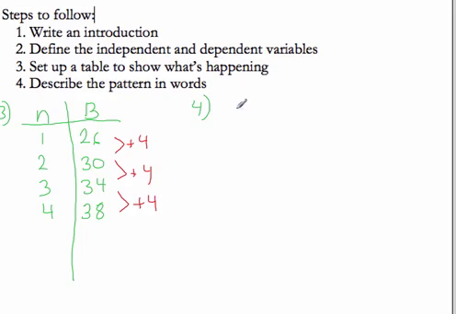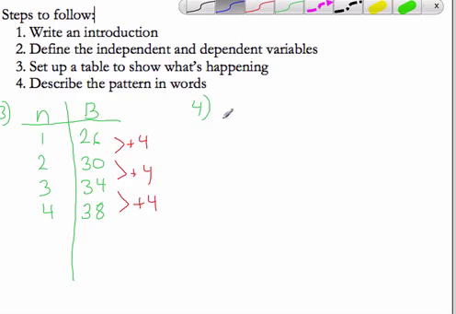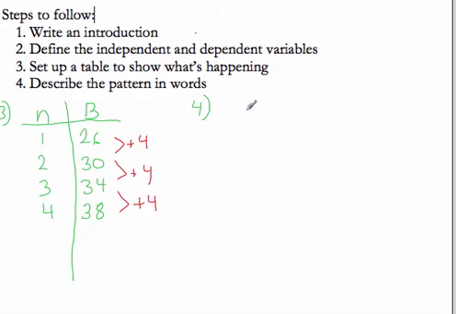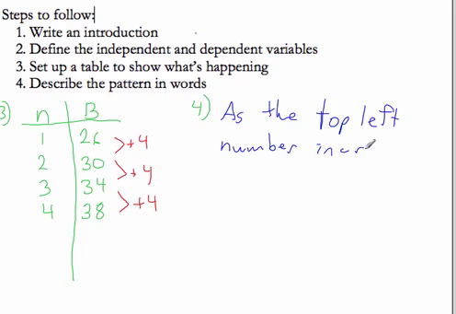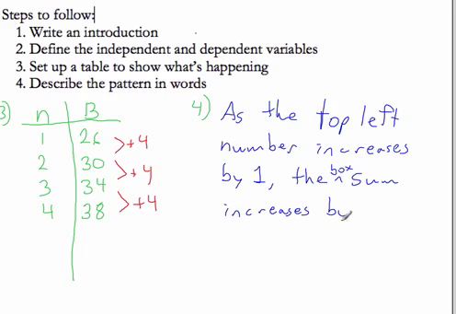Yeah, we could say, maybe, as the top left number increases by 1, the sum of the box, or box sum, yeah, that's better, increases by 4. I think that's a good description there.